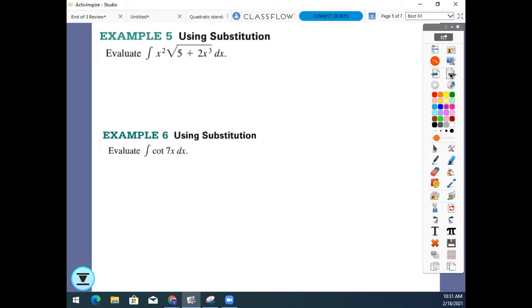Okay, so remember what I said. Number one, you typically look within parentheses or within a grouping symbol, and the derivative of what you choose has to be in the problem. I'm going to look underneath the radical as my u, 5 plus 2x to the third. Take the derivative.